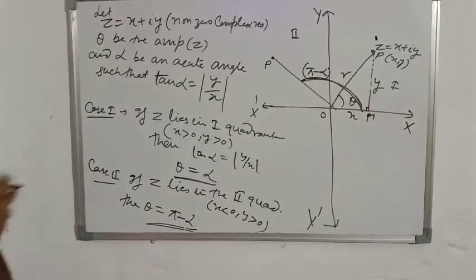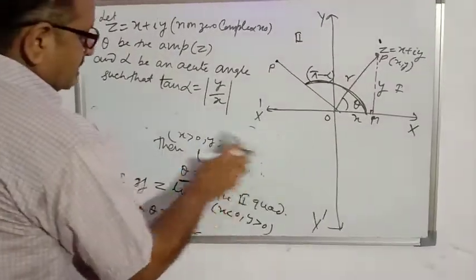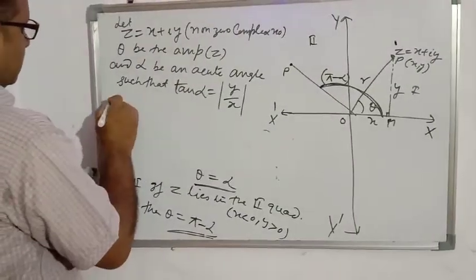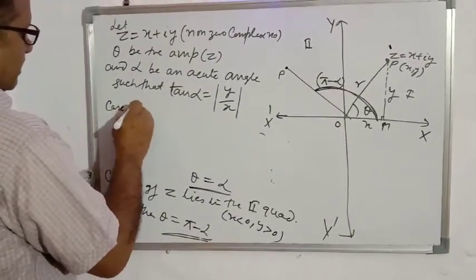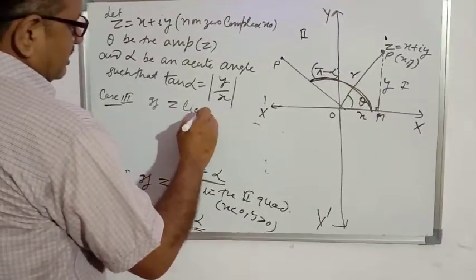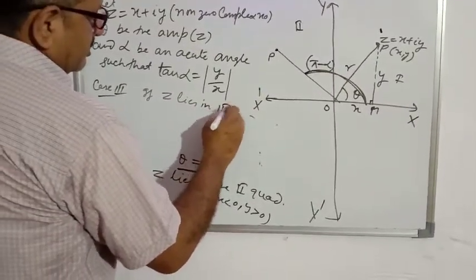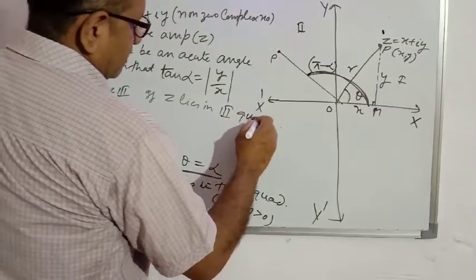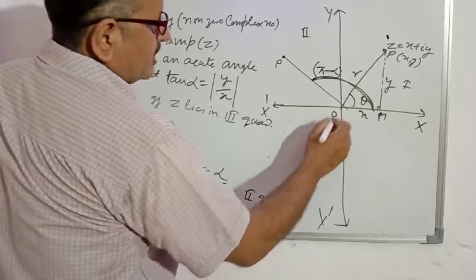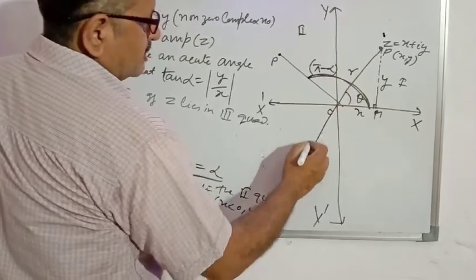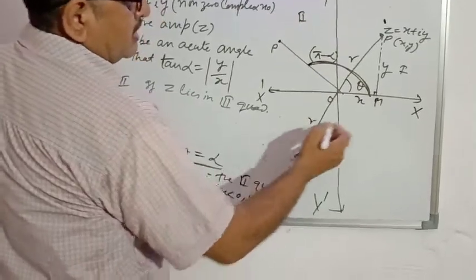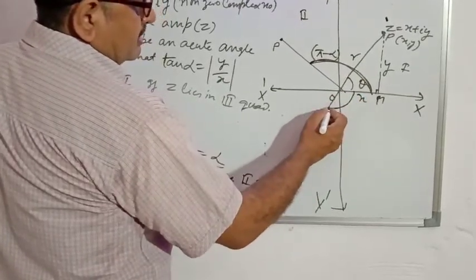Third case, if z lies in the third quadrant, suppose P is here, then this will be R. Then theta we have to take like this.